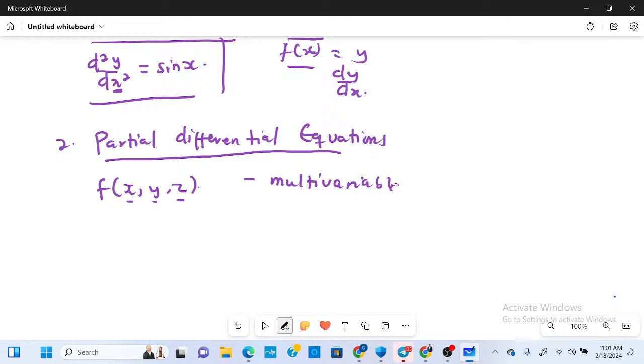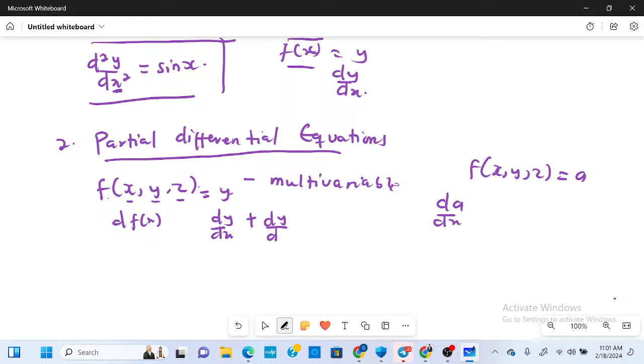So whenever you want to differentiate such a function, let's say this whole function is Y. We are going to have an expression, let's say dY/dx plus dY/dy plus dY/dz. It's just an illustration.